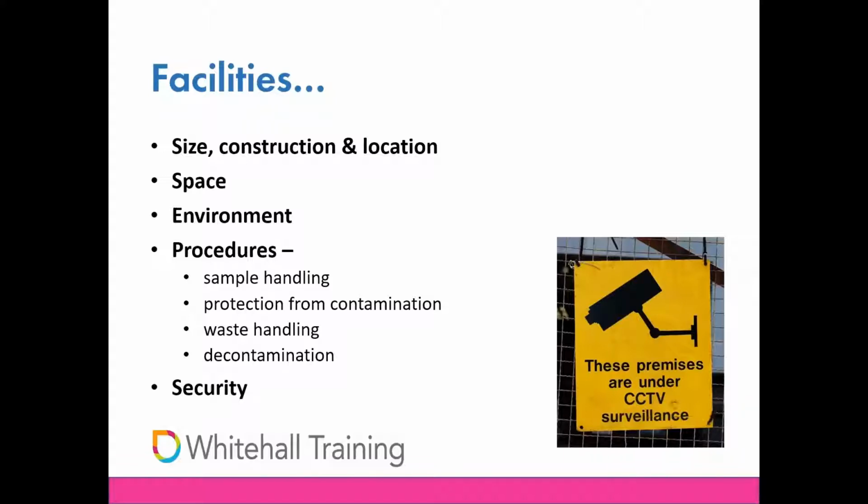There need to be procedures covering waste storage, collection and disposal, and that needs to be in line with local regulations. And where relevant, it's also a very good idea to have decontamination procedures already in place for facilities and equipment in case they're needed. Also think about security. You need to be able to ensure that samples, equipment and data can't be tampered with by anyone unauthorized.